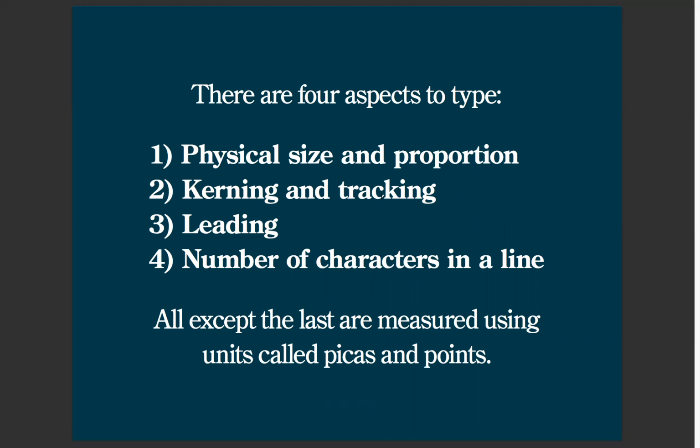So there are four aspects to type. We have its physical size and proportion. We have kerning and tracking. We have leading, and we have the number of characters in a line.